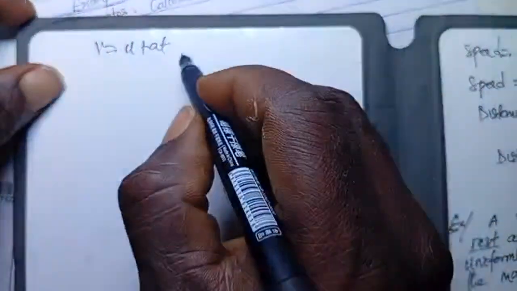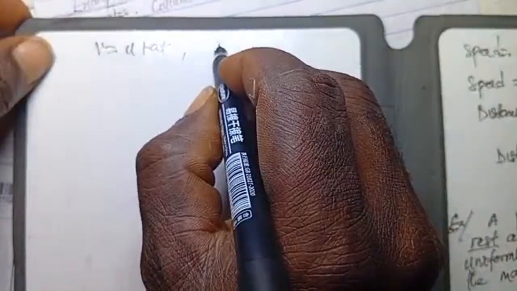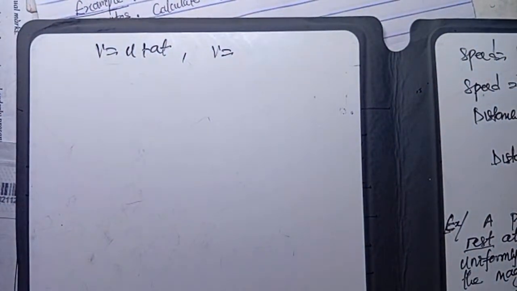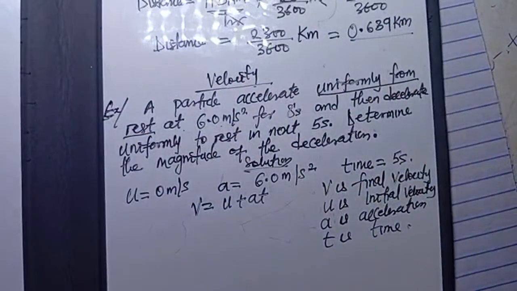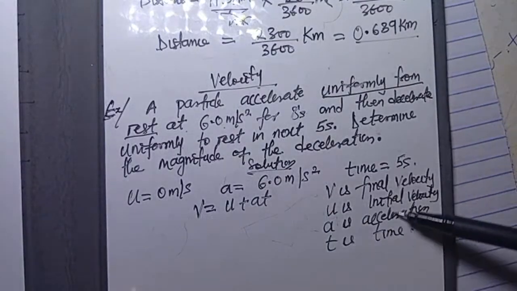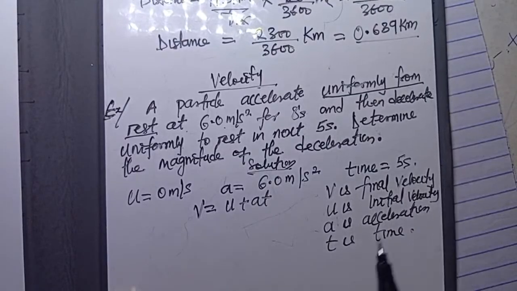We want to calculate the value of V. Write it. V is final velocity.